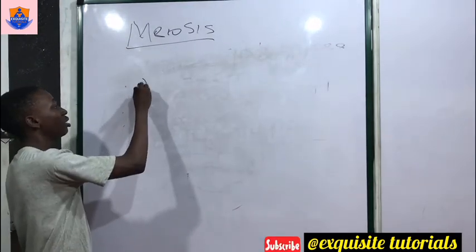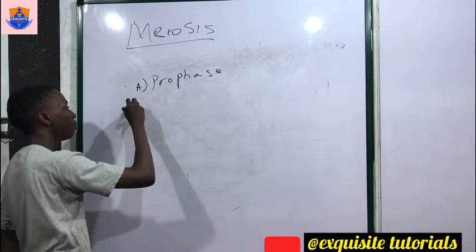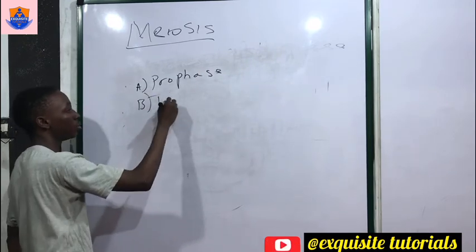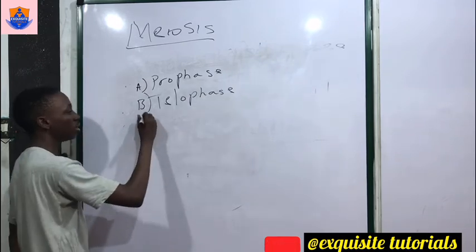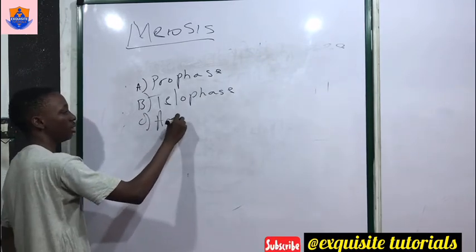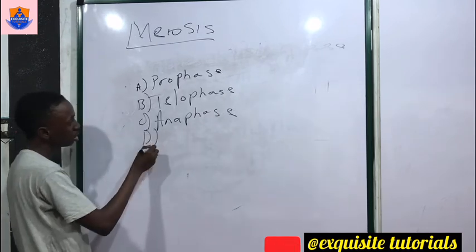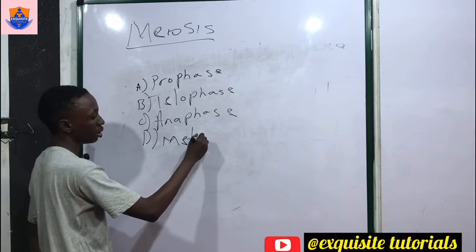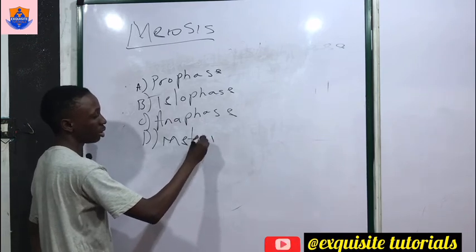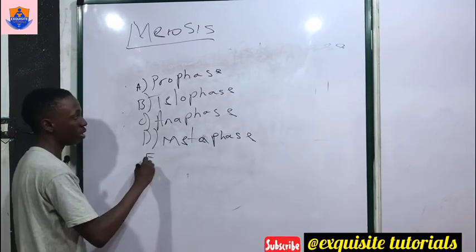Is it A, the prophase? Is it B, the telophase? Is it C, the anaphase? Is it D, the metaphase? Is it E, none of the above?